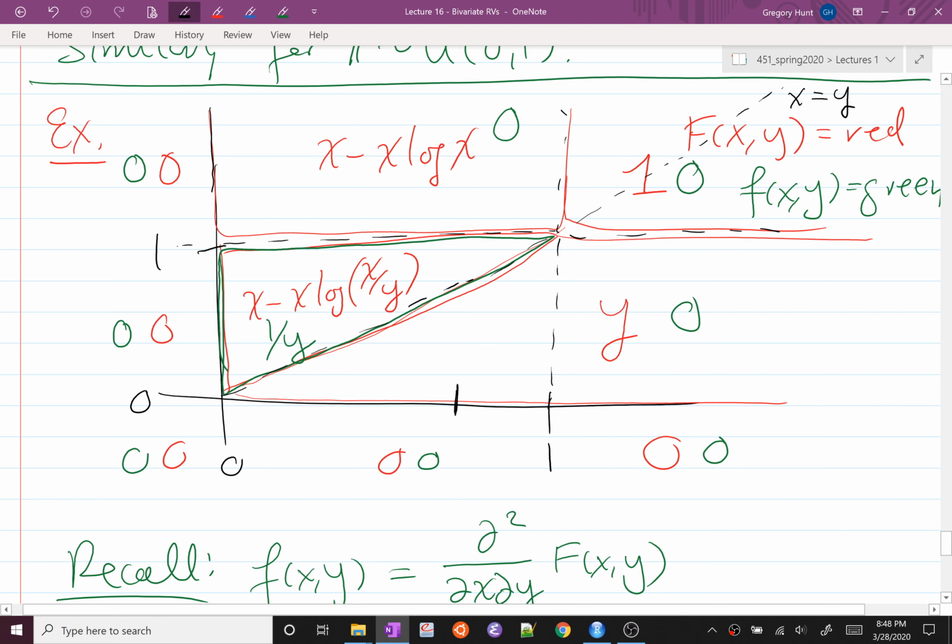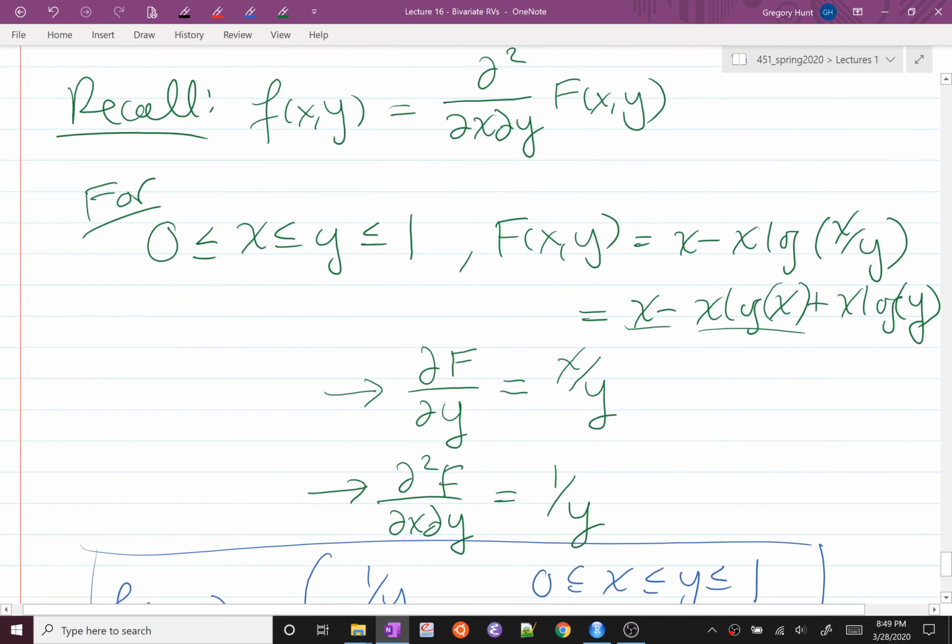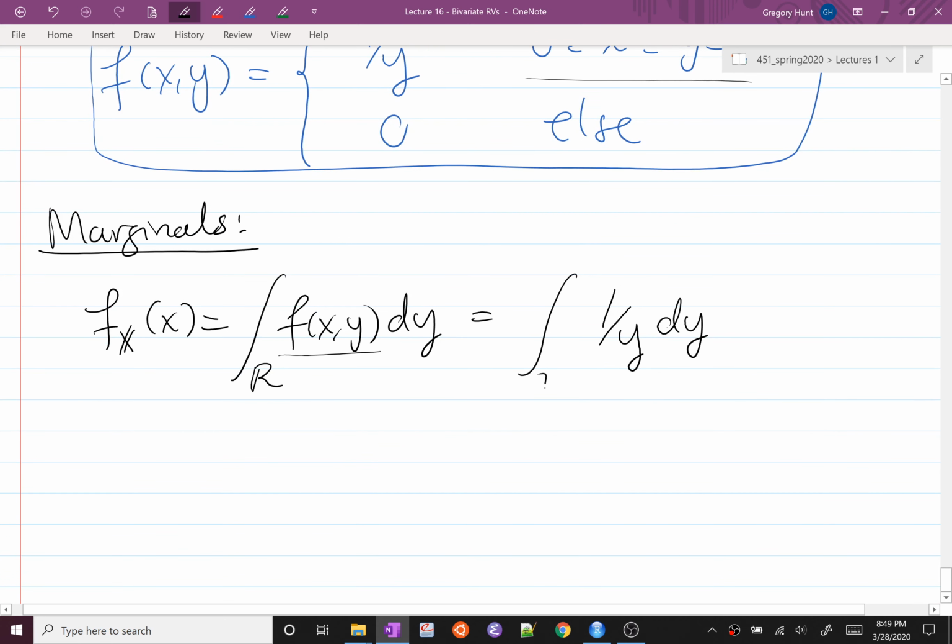If I want the value of the marginal of x, where x is somewhere between 0 and 1, I'm going to integrate over this bar here. And that bar goes from, well, this line is defined by x equal to y, so it goes from y to 1, and y is equal to x, so we could say it goes from x to 1. So if I want to get my marginal, I can integrate from x to 1 of my joint PDF.